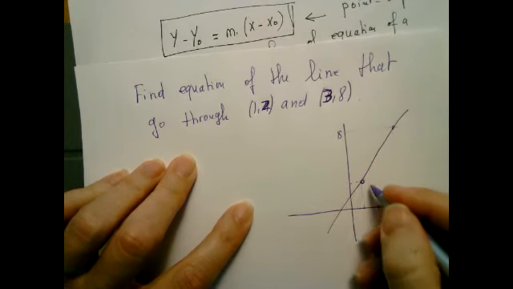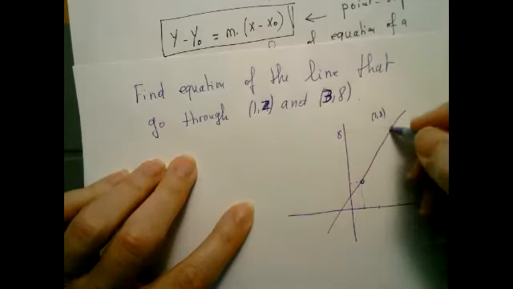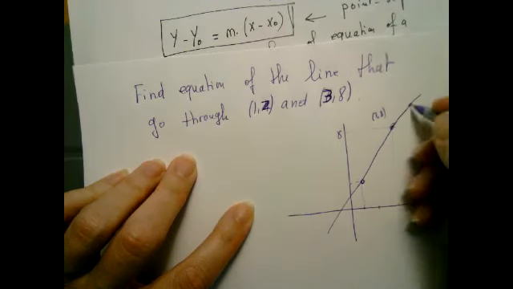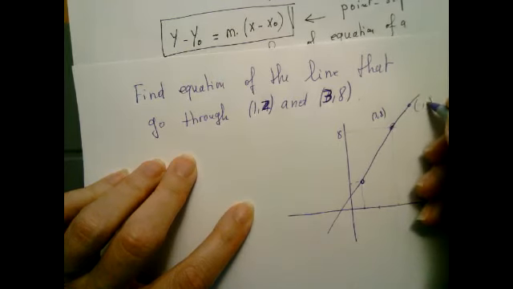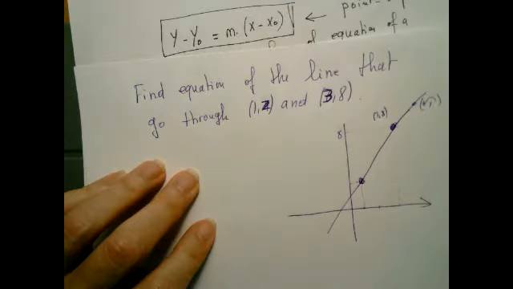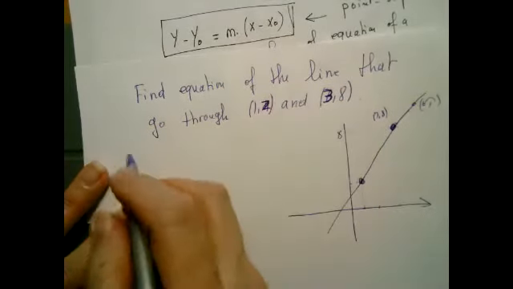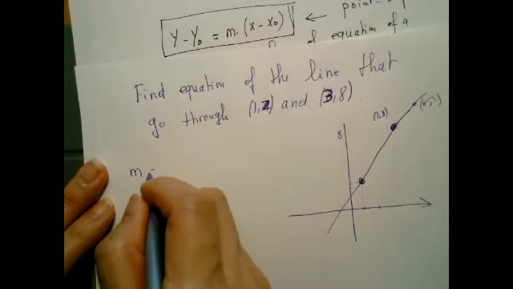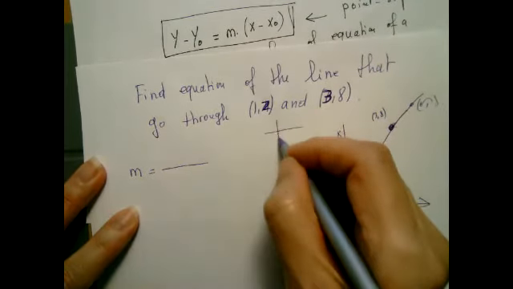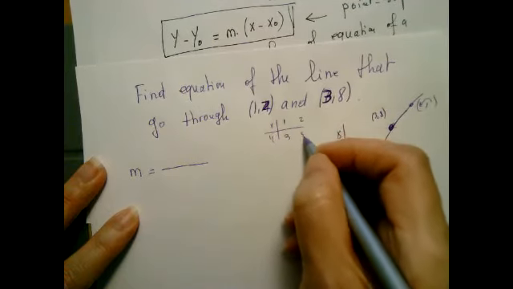So I know the two points. My goal is that if I know the x, how can I find the y of any point on this line? So let us do that quickly using this form. To be able to use that, we need the slope. So first we're going to find the slope. My points are 1, 2 and 3, 8.